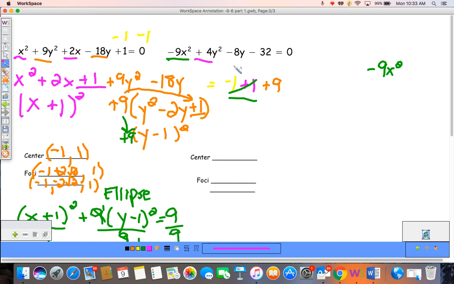Okay, the y's are 4y squared, and then minus 8y. And then this constant, I'm going to go ahead and add it to the other side like I normally would when I am completing the square. So we get equals 32.